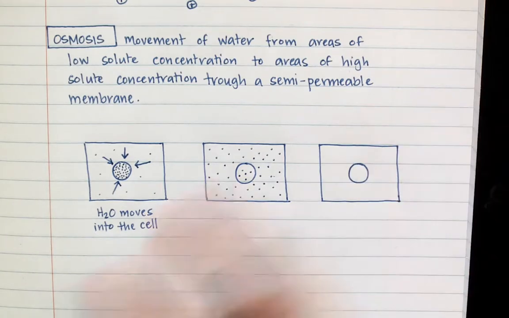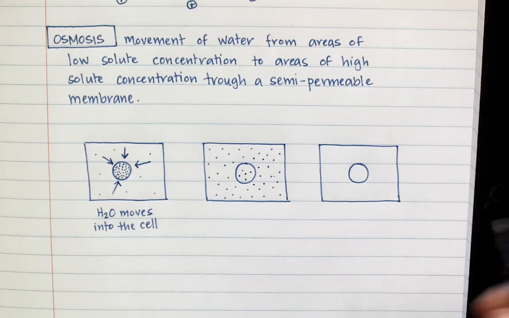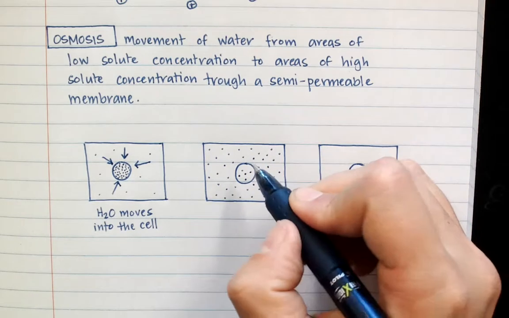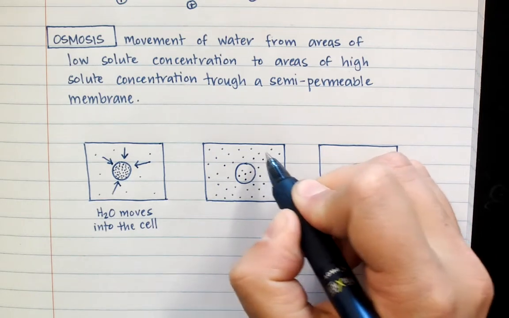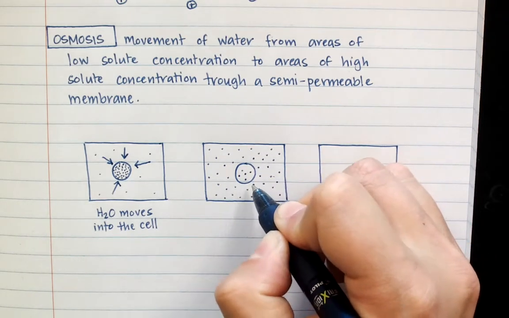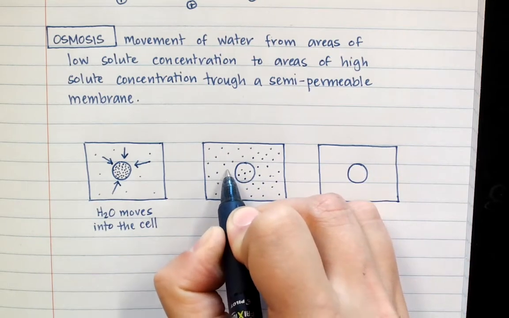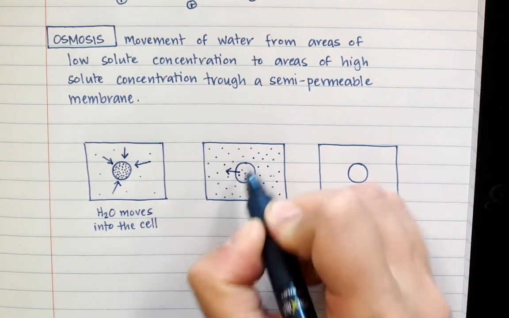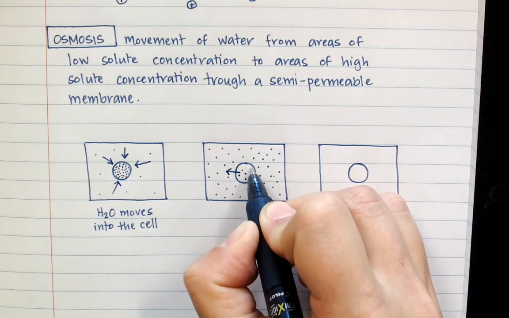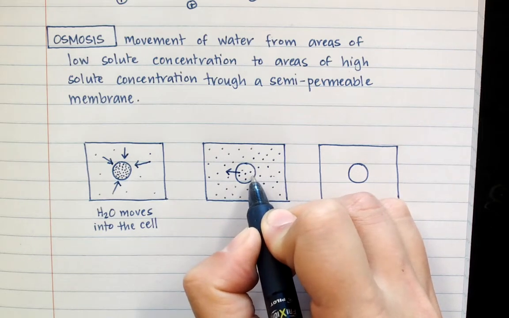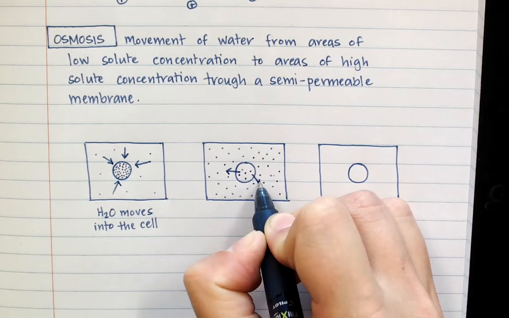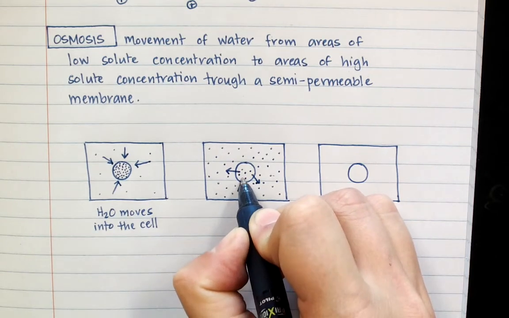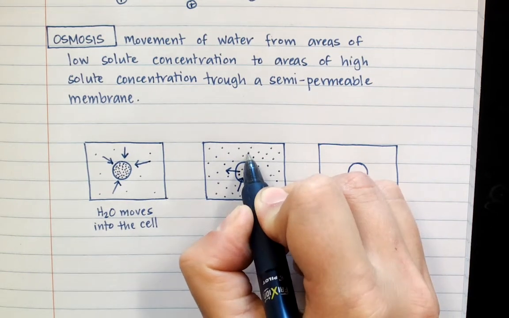They have the same sort of density, if you know what that is. Now, in this one, you're going to get some water moving into the cell, and some water moving out of the cell. This is happening because you do have water moving into the cell and out of the cell at all times.